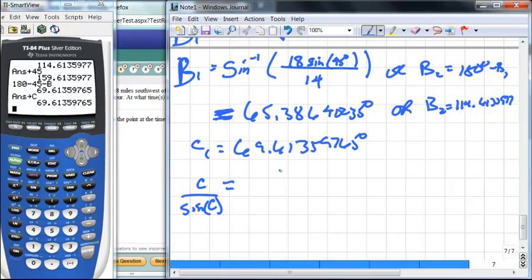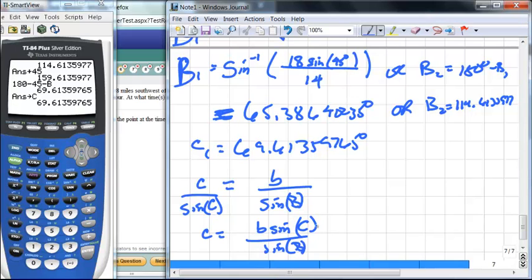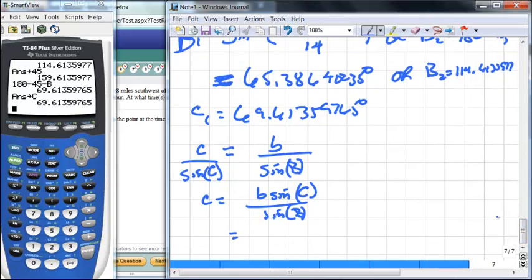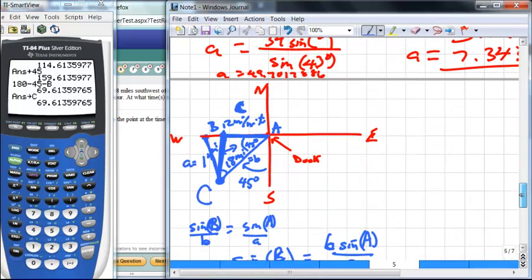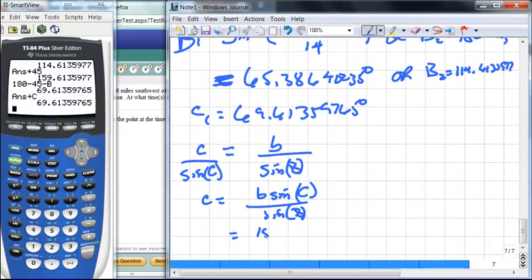Okay, now to get side C: side C over sine of angle C is, let's go with the one we originally had, which was B over sine of B. So C is B sine of angle C over sine of angle B. I've got these saved as B and C, and the little b was 18.